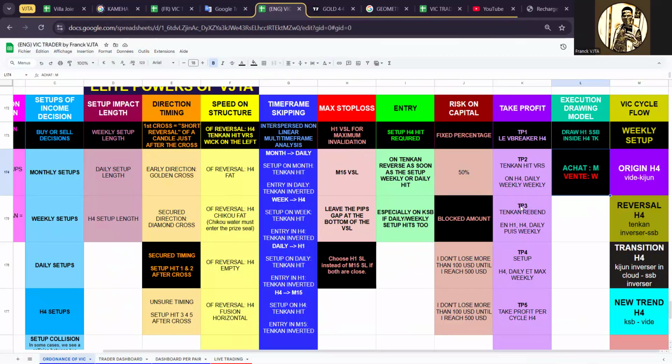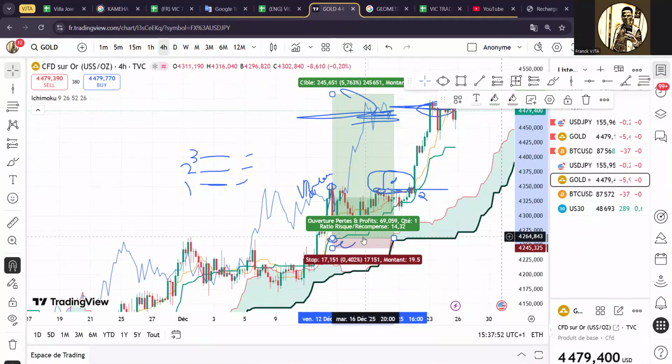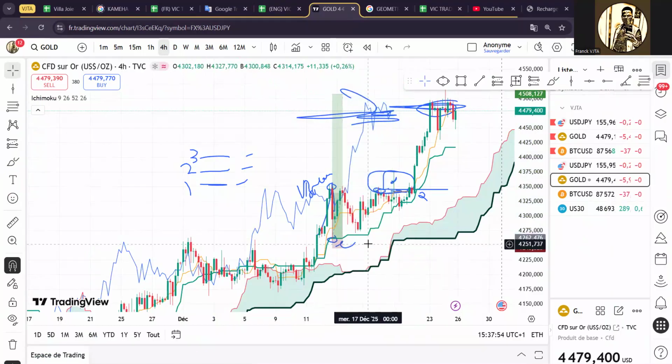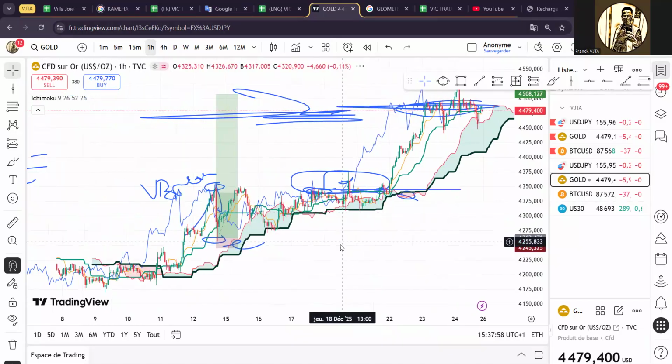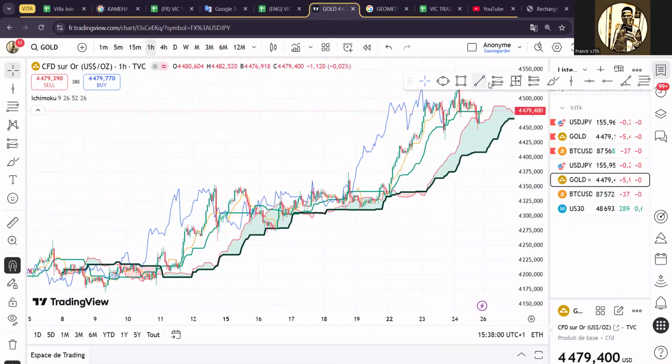So the next take profit is the Tenkan bend on H1, H4, daily, then weekly. So when you look at this whole buy, right? When you go on 1 hour, if you bought there, you will realize something.